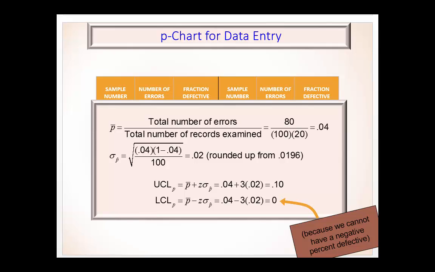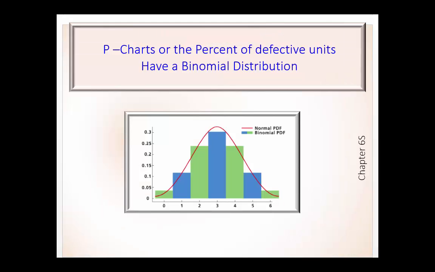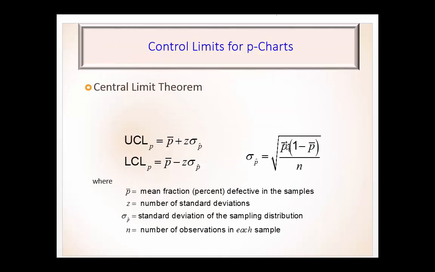And another important piece of information with all of this is that the type of distribution that the P chart takes on is the binomial distribution, which acts normal in many ways, but has this bit about either you have it or you don't have it, and that enables us to then calculate the standard deviation slightly differently, which is way easier really than standard deviation of a continuous sample.